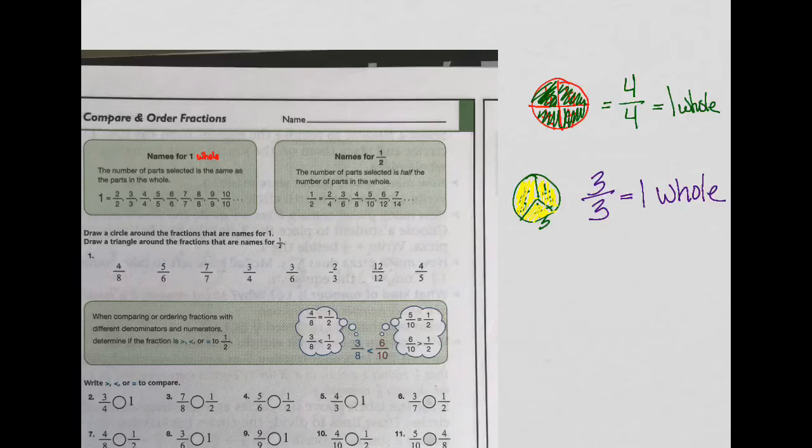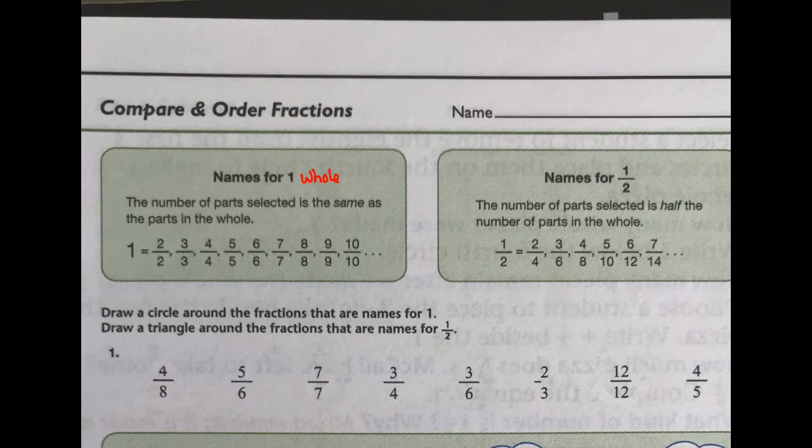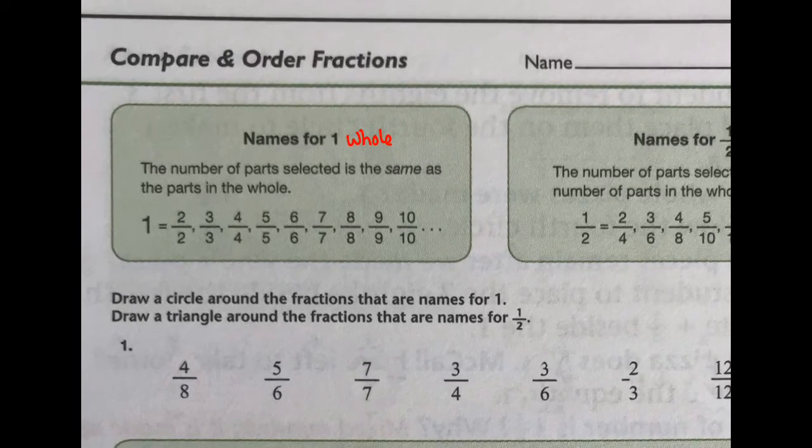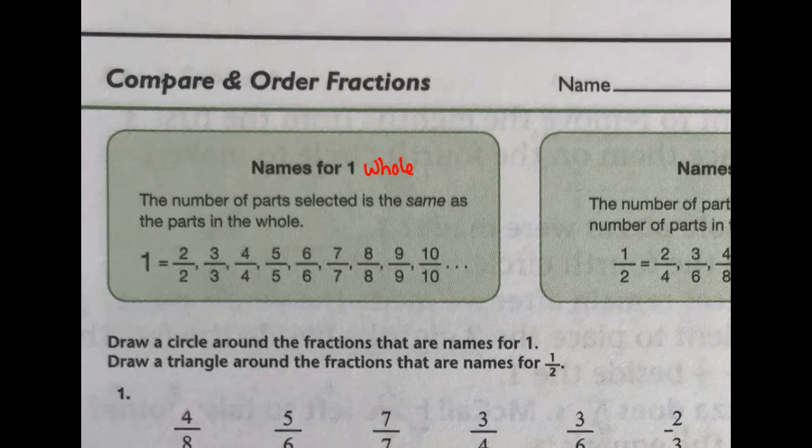Okay, so now let's take a look at our page at the top again. So it has 1 equals 2/2, 3/3, 4/4, 5/5, 6/6, 7/7, 8/8, 9/9, or 10/10.